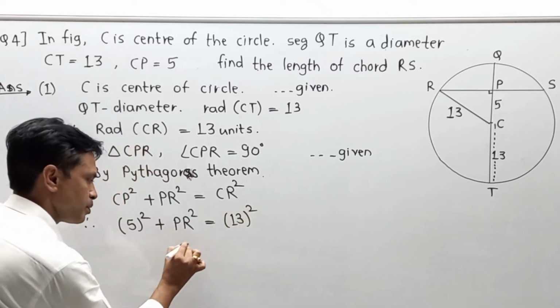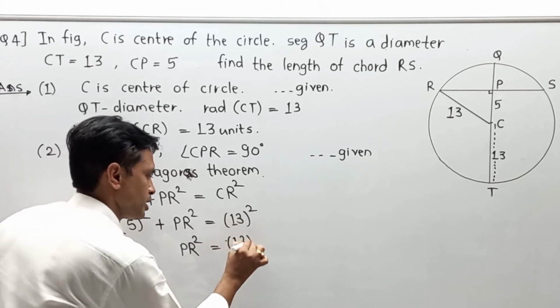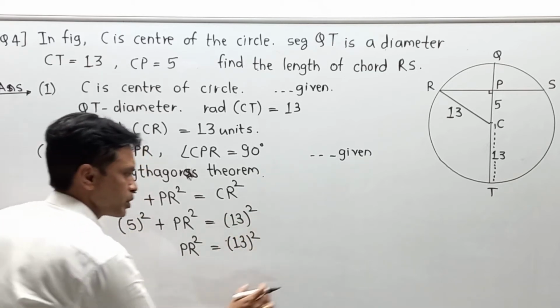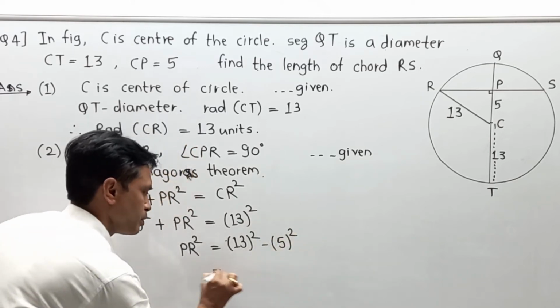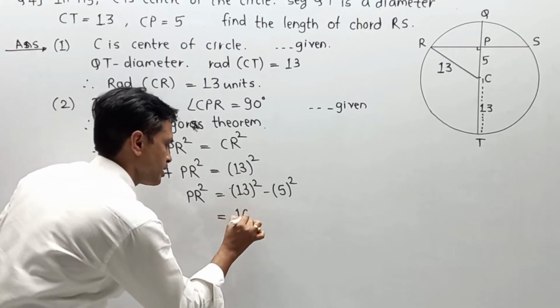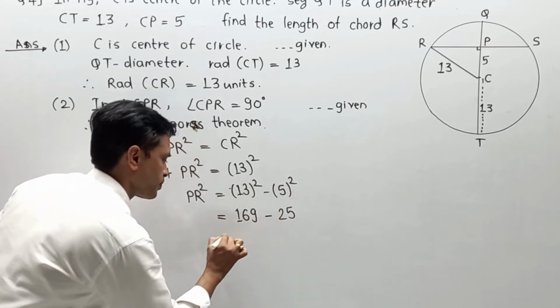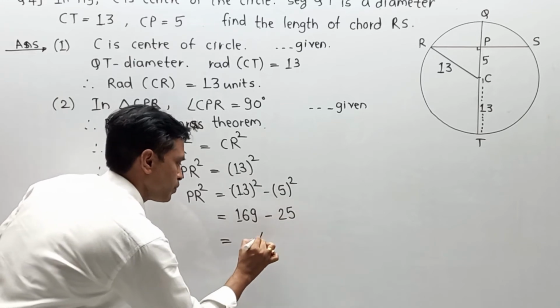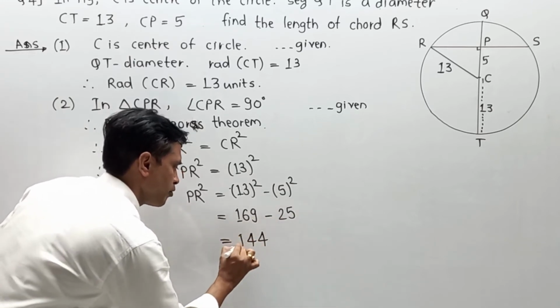Now PR square is equal to 13 square. Shifting plus 5 square to that side, it becomes minus 5 square. Now 13 square is 169, minus 5 square is 25. 9 minus 5 is 4, 6 minus 2 is 4, and 1.